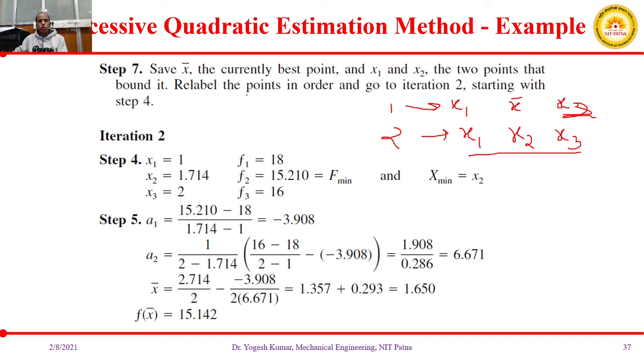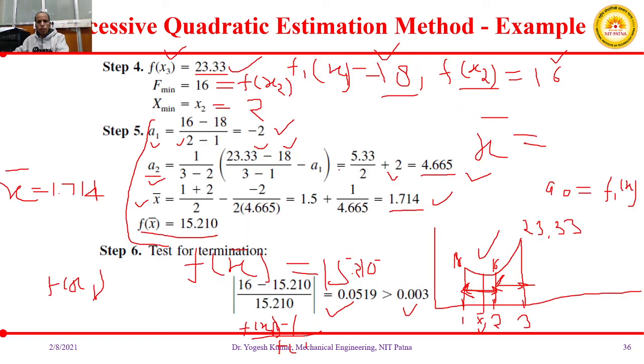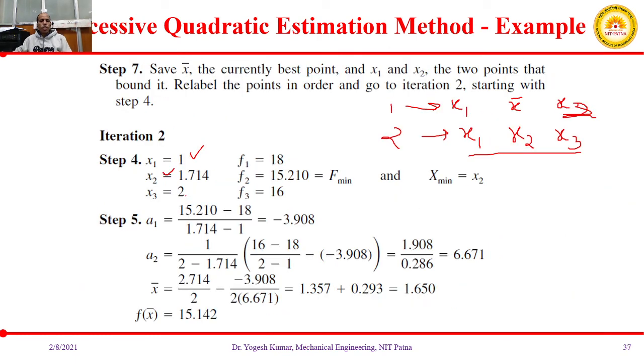Now in iteration number 2, we have removed the portion which was not lying in your possible solution, so we have removed the x value equal to 3. So now we have x1 equal to 1, x2 equal to 1.714, which we calculated in your previous iteration, and x3 equal to 2.